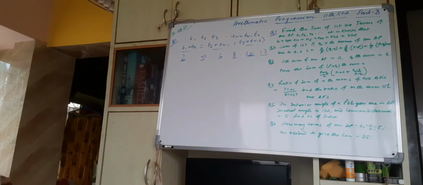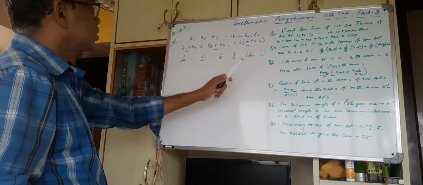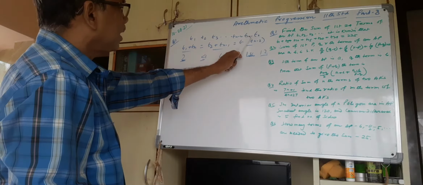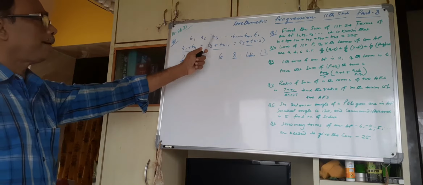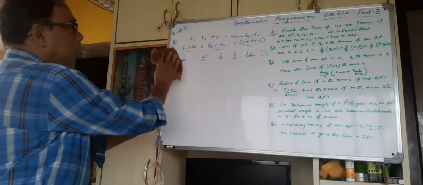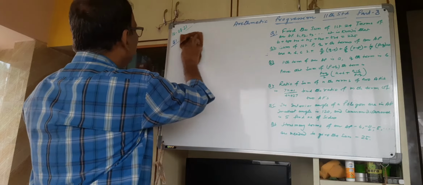So we can say the sum of the first term and last term equals the sum of the second term and second last term, and the sum of the third term and third last term. These are always equal. Let's do one sum using this principle.